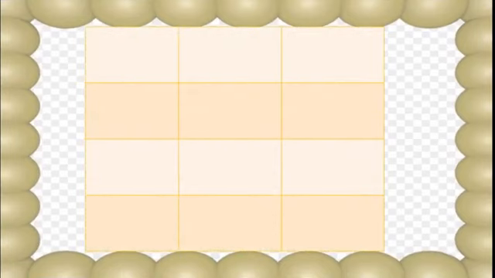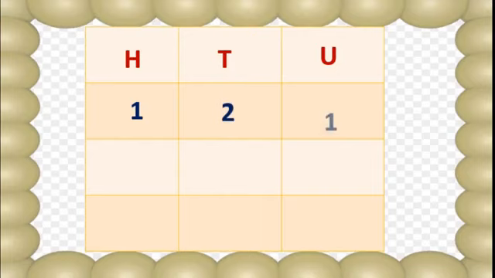Okay. Now here one more table we will draw. Same thing we will write in another way. See here, units, tens, hundreds. Now we know that here 1 I will write, 1 H I will not write, and here only 2 I will write, and only 1 I will write. Means here how to read? 1 unit, 2 tens, 1 hundred, because we are putting the number under the columns of units, tens and hundreds.